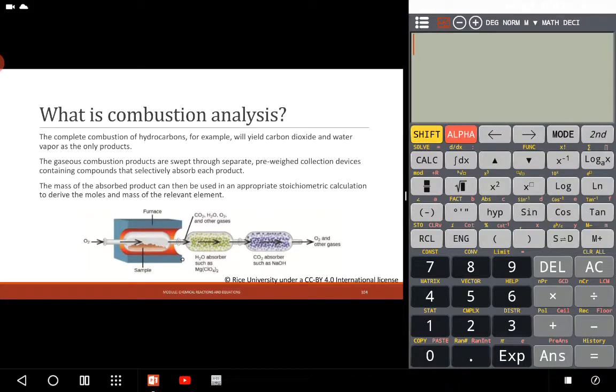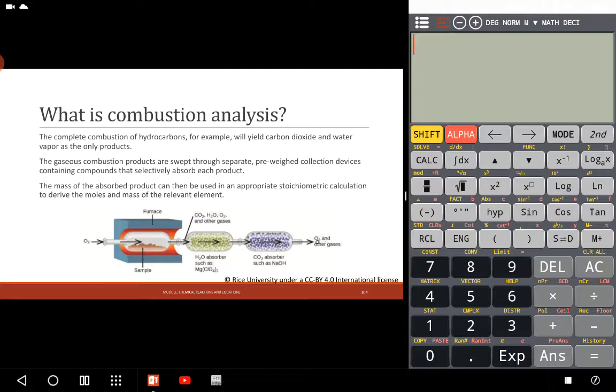And so if we take our sample that contains carbon, hydrogen, and maybe some trace amounts of other elements found in organic compounds, we can burn that and collect all of the carbon dioxide that comes off and all of the water that comes off. We can pre-weigh these collection containers so that we can subtract to figure out what mass of water was obtained and what mass of carbon dioxide was absorbed.